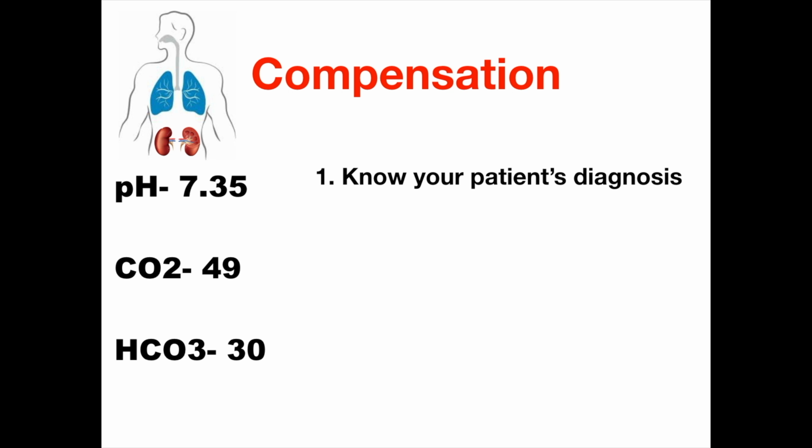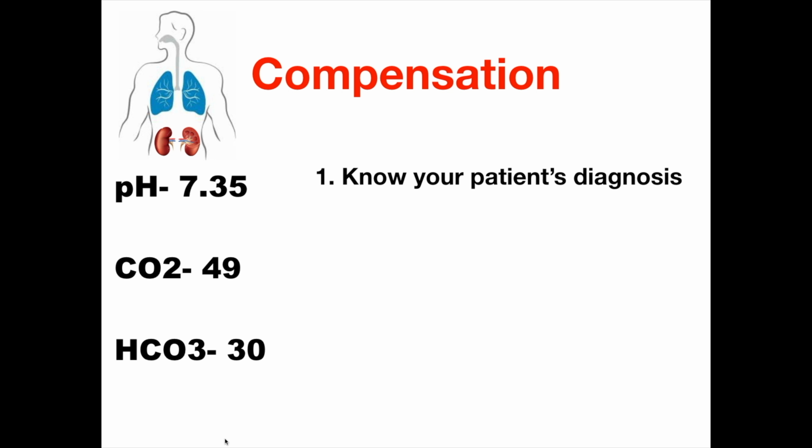Because imagine this, if your patient came in for a respiratory problem, COPD or respiratory failure, then we could interpret this ABG as a patient retaining a lot of carbon dioxide because of the respiratory problem. So for all we know, this could be a respiratory acidosis because your patient came in for a respiratory problem and the body is trying to compensate by increasing the amount of bicarbonate.